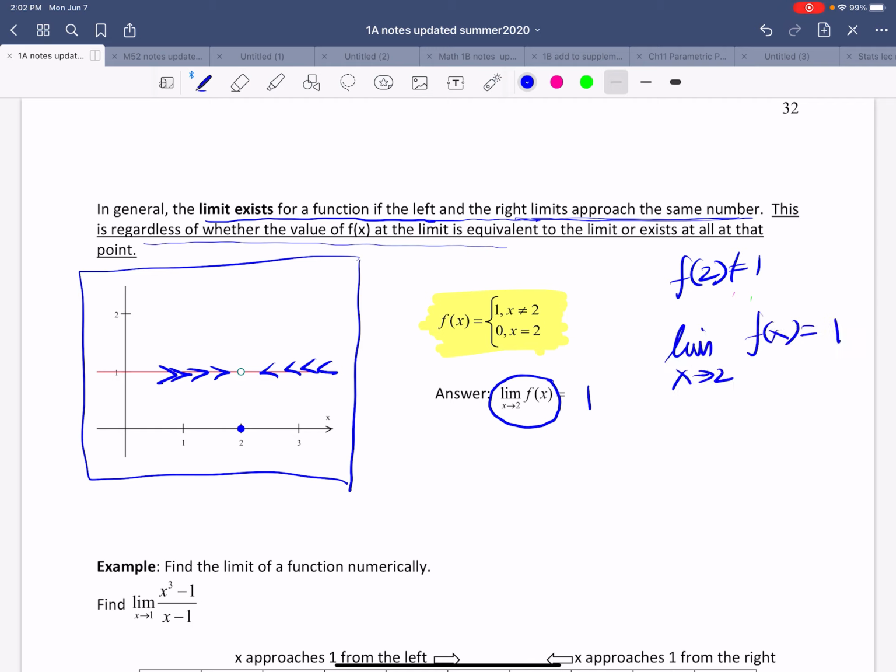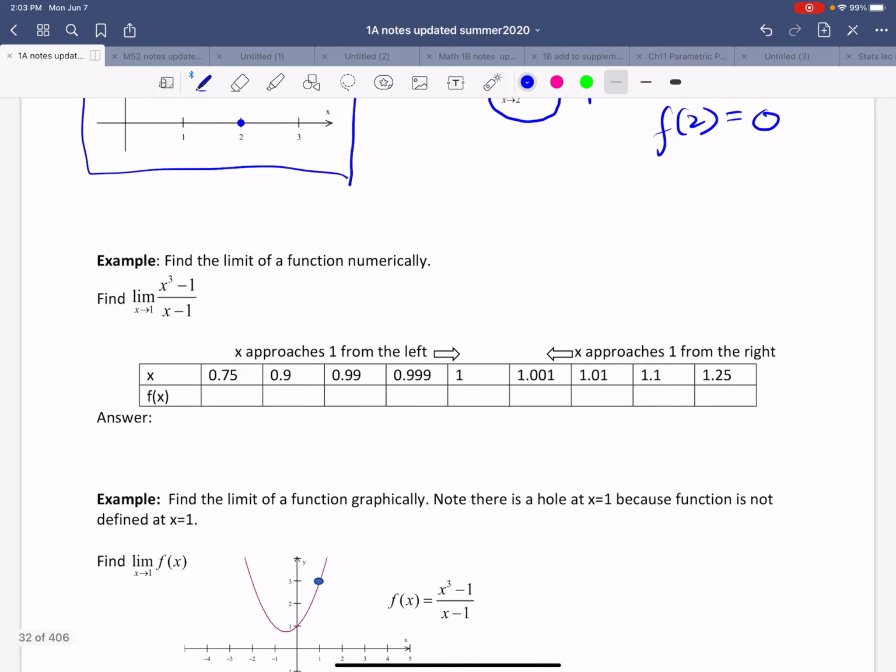The y value is getting closer and closer to 1 when x is getting closer and closer to 2. Again, notice that the function value is different. What is f of 2 equal to? If you were to find the value of the function, f of 2 is 0 in this case. Still, the limit is 1.